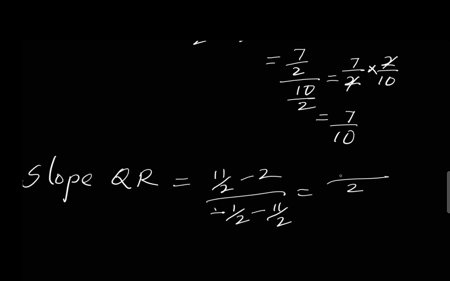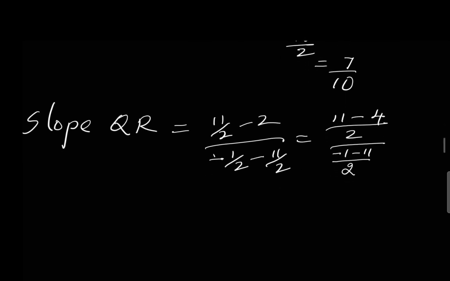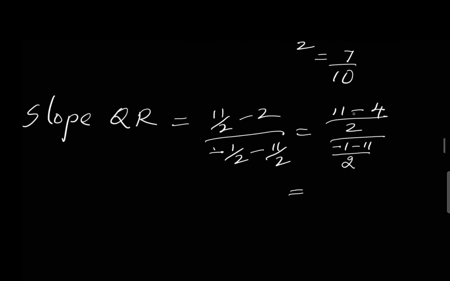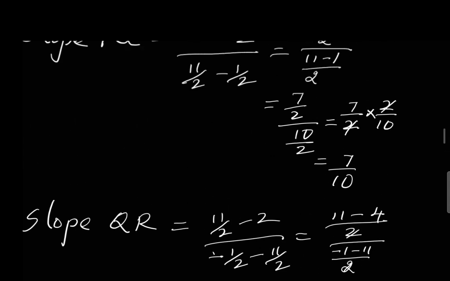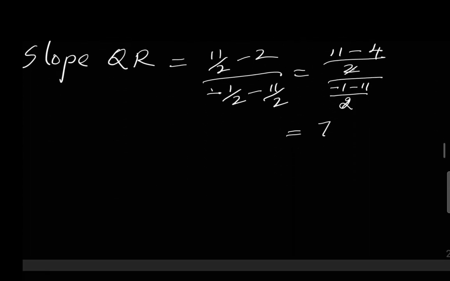Here 2 is the LCM, write 11 as it is, 2 twos are 4. Here 2 is the LCM, minus 1 minus 11. So 11 minus 4 is 7. You can cancel the 2s as you have practiced, since the denominators are reciprocal. So slope QR is 7 by minus 12.